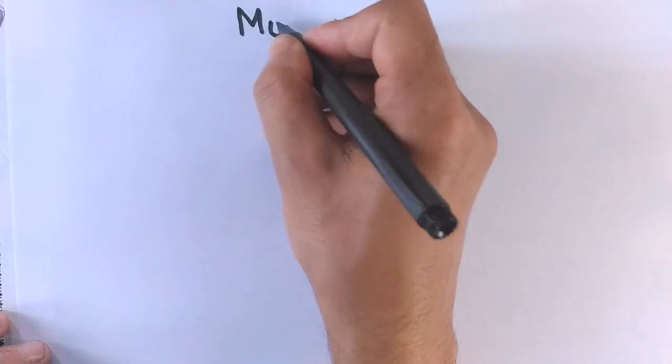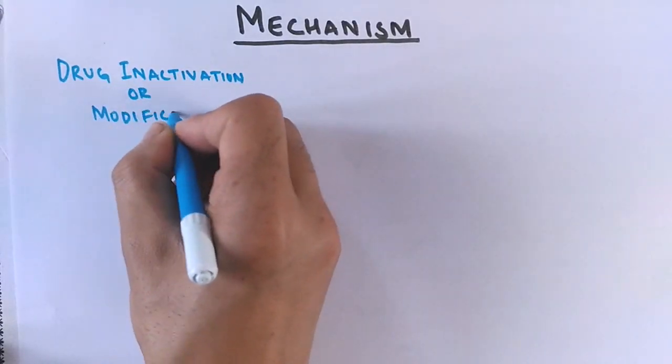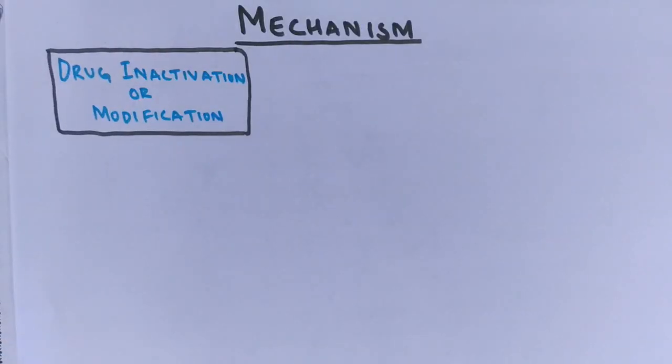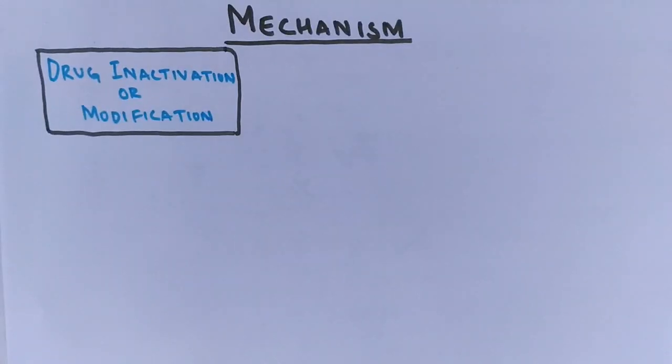Now we will get to the point, that's the mechanism behind antibiotic resistance. First of all, the first mechanism is drug inactivation or drug modification. In drug inactivation or modification, the drug is inactivated by some mechanism or it gets modified to a new structure so that it may not be able to work in the way it has been made to work.